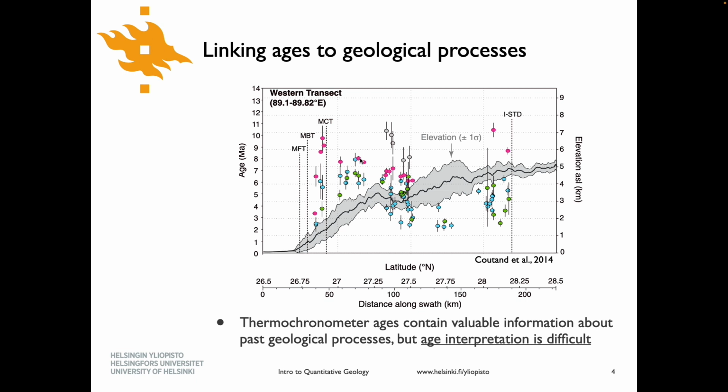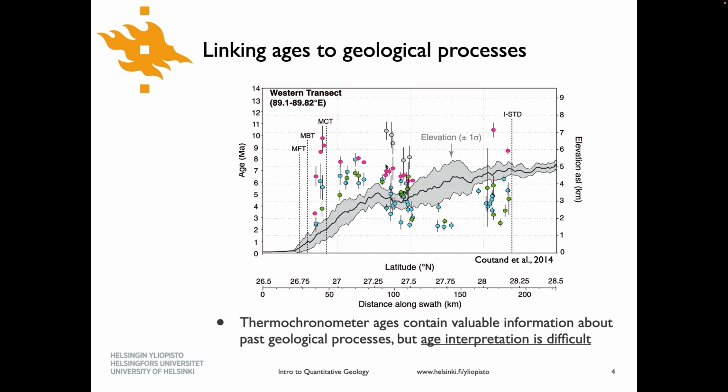You then want to change that advection velocity until you start to get ages around 8 million years, for example, for your zircon helium. That's simplifying things a bit, but the target idea is to play with the model, changing the advection velocity until you get ages around the ages that this data set records.